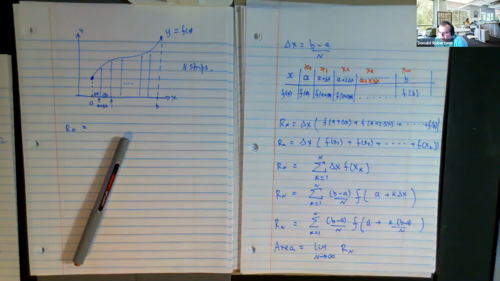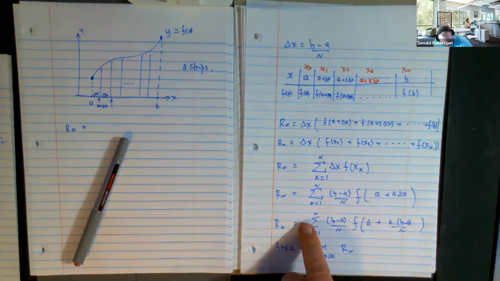If you made an infinite number of strips, you could get to the point where the answer to the area from the rectangles is the same thing as the exact area. That makes sense. 2 million strips, you're darn close. 2 billion strips, nobody could tell the difference. And that's essentially what this is saying. The area under a curve is the limit as n tends to infinity of Rn, where Rn is this ugly mess.